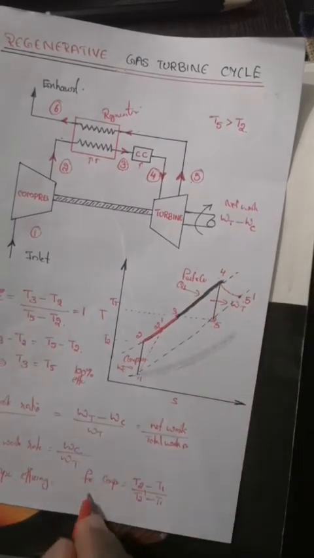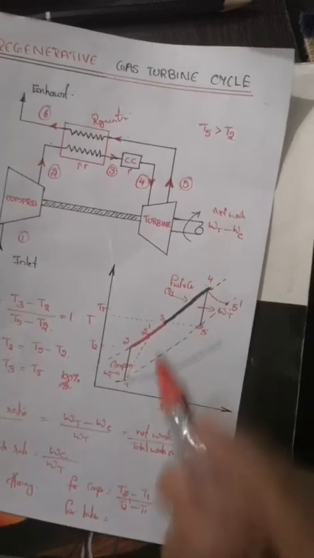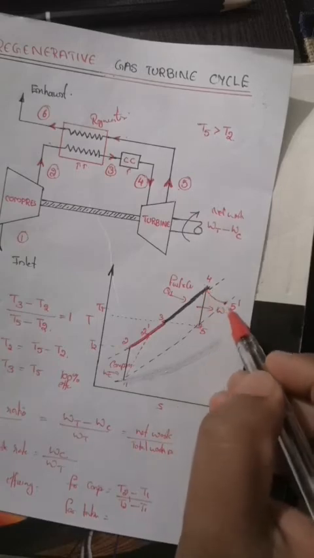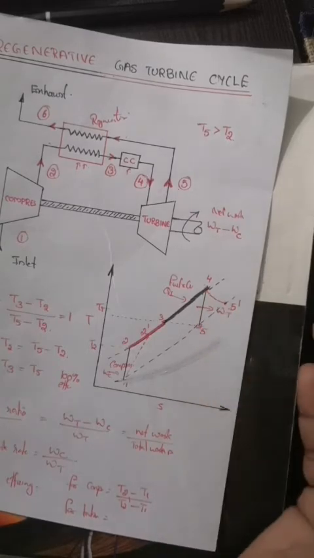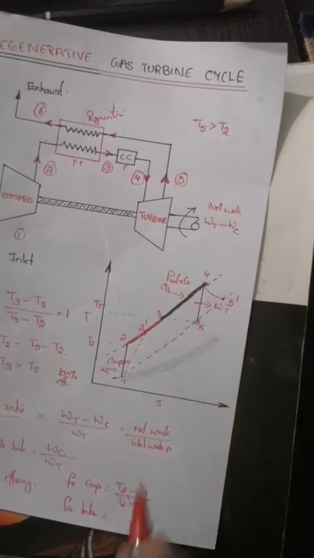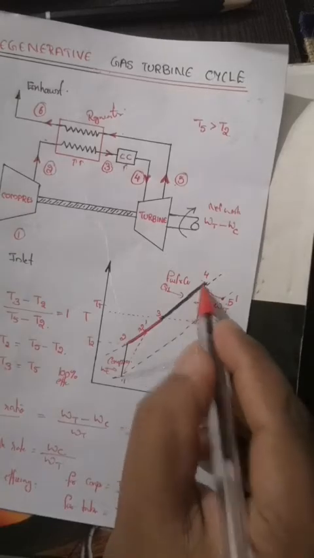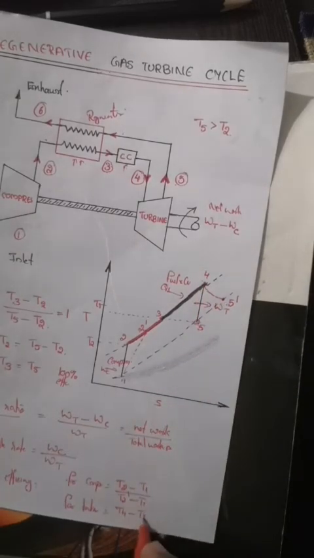For a turbine we will define the isentropic efficiency as the actual work divided by the isentropic work, or the actual heat drop divided by the isentropic heat drop. The actual heat drop is T4 minus T5 dash.